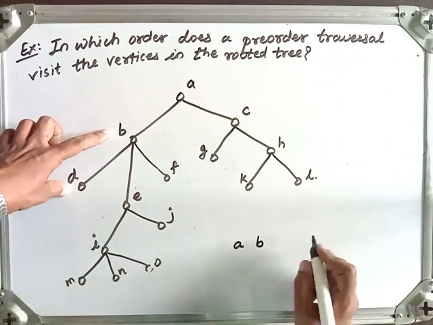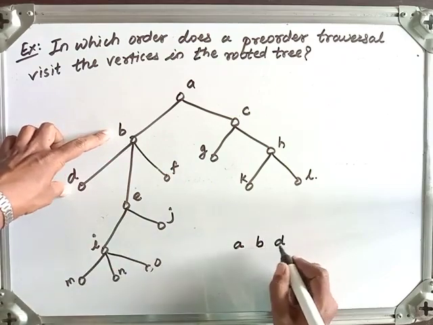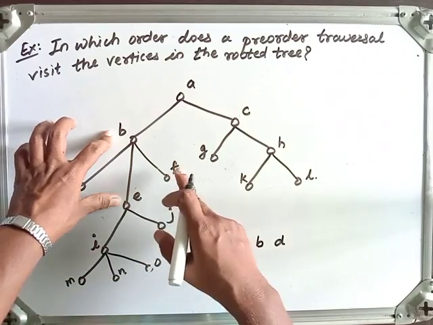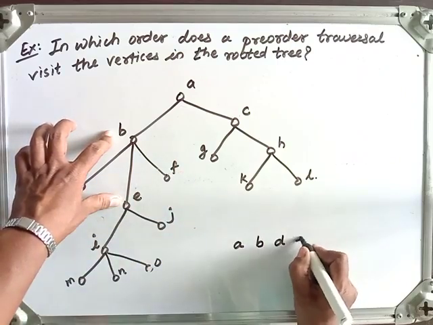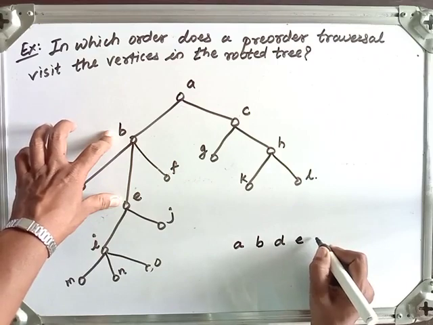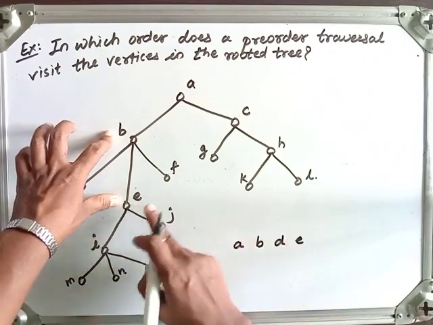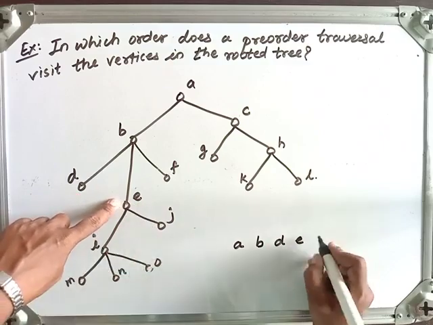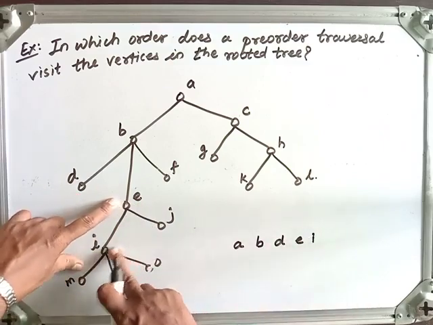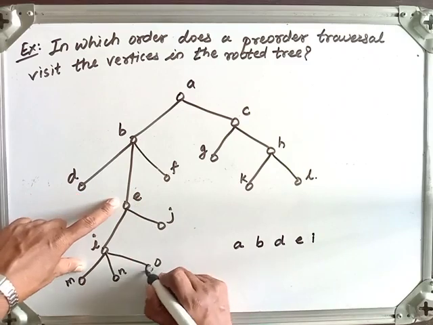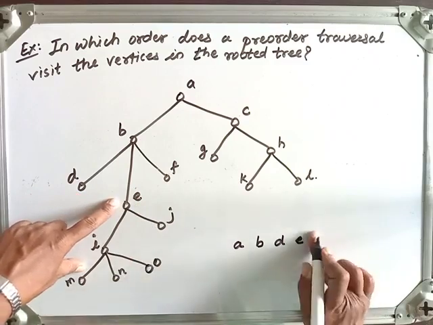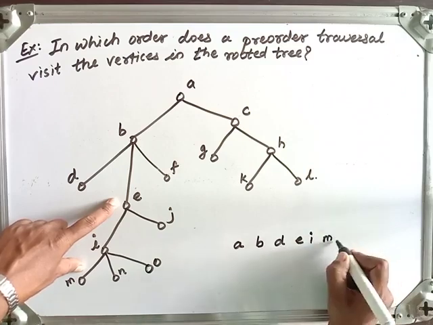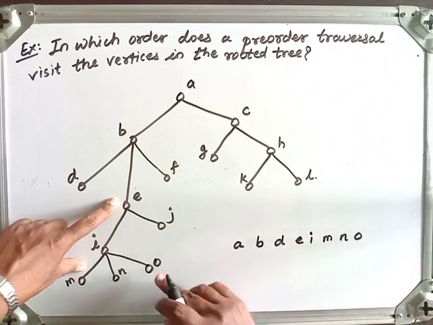Then D. Then this E with this subtree, E and F. But E with its subtree, so let's go with that. Again I, then I with that subtree, then M, N, and then O.